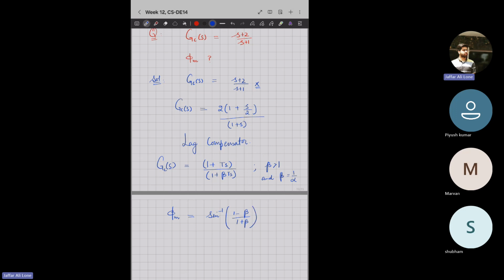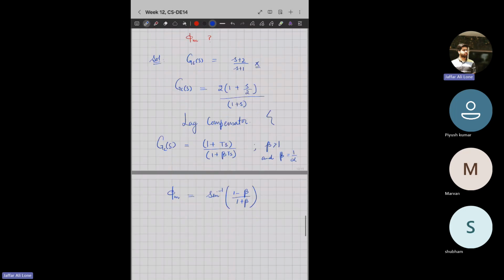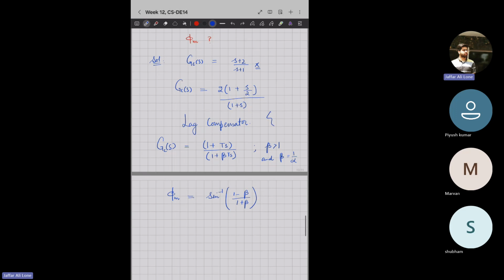So if you compare this transfer function, what is the value of beta T?